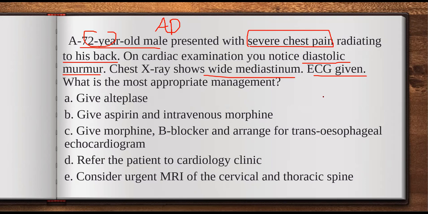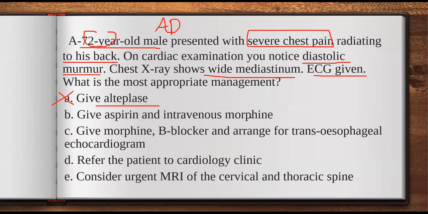Clear? So this patient having both, which is very, very severe. Now, what will be the management for this patient? Do you want to give thrombolytics to this patient because of ST elevation? No, because if you give thrombolytics in a patient who is having dissection, you're going to kill that patient. So, no.